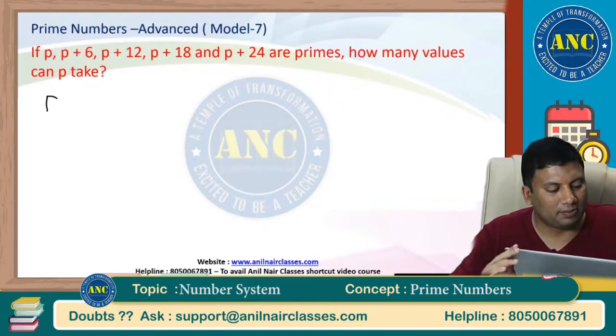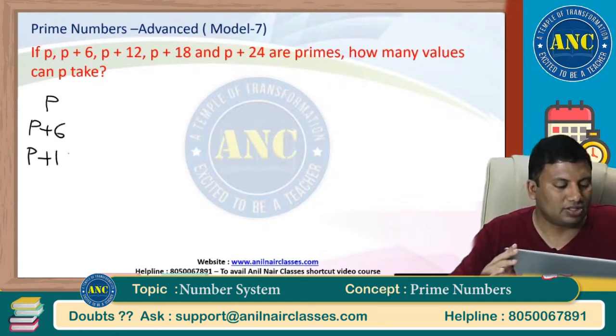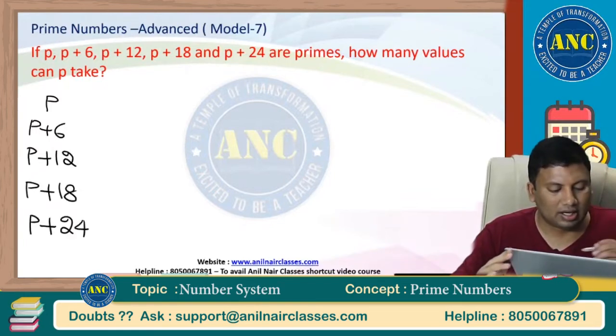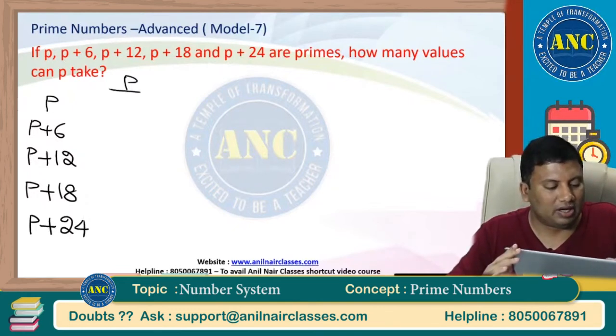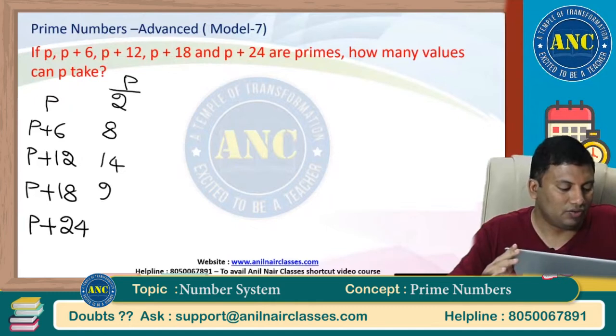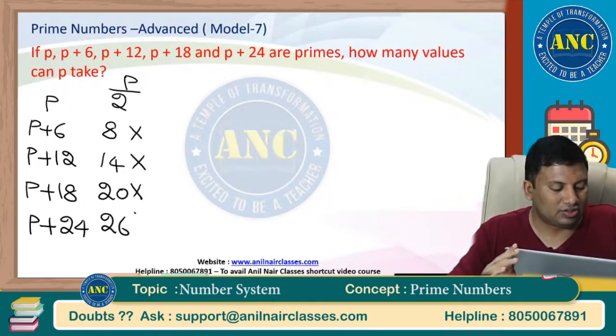Now it is P. P plus 6, P plus 12, P plus 18 and P plus 24. All these are prime numbers. If P is 2, then 2 plus 6 is 8, then 14, 20 and 26.